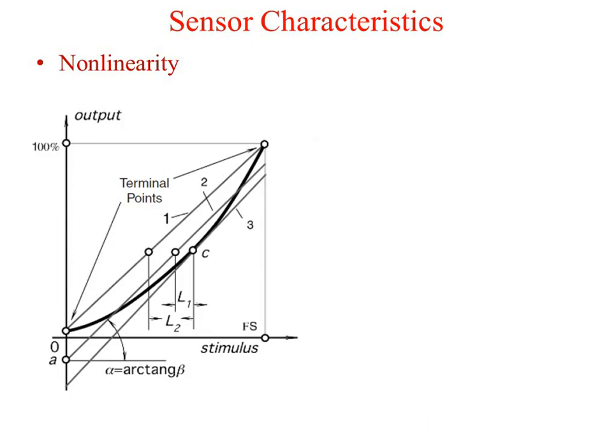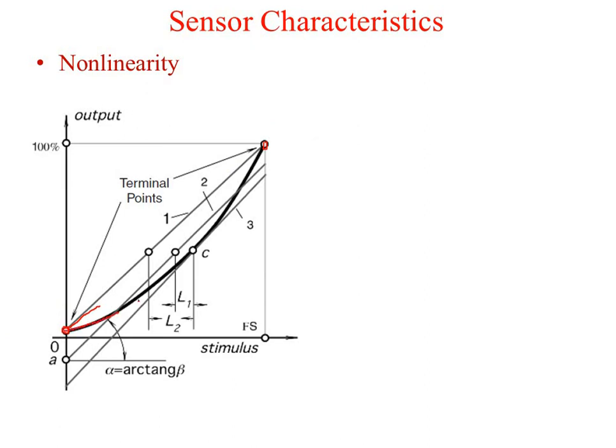Now here you can see exactly the first non-linearity, and then we'll see the least error type of concept. I'll show you the diagram. Here it is the actual terminal point. Here is the start point with a minimum stimulus, and here is the maximum point. Through this straight line you are trying to have a linear characteristic, but actually this is the dark line shown over here.